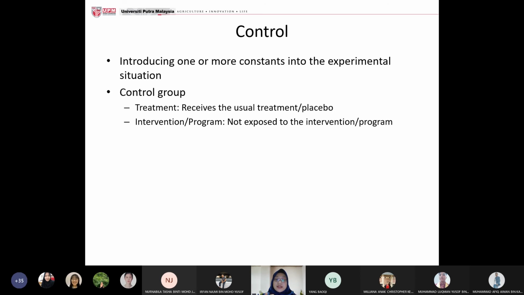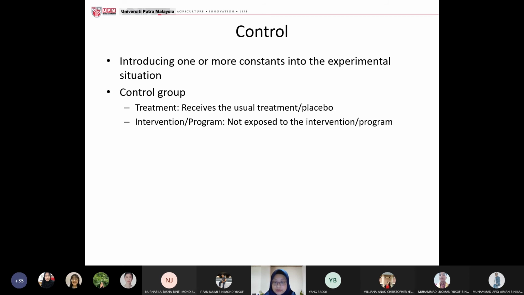So linking that to the current issue right now, the COVID-19 vaccine, for example, when they say they are doing the testing, there's always going to be something like this. They have their experimental sample and they have their control sample. So for the experimental one, they will give the vaccine. But for the control group, they won't receive the vaccine.